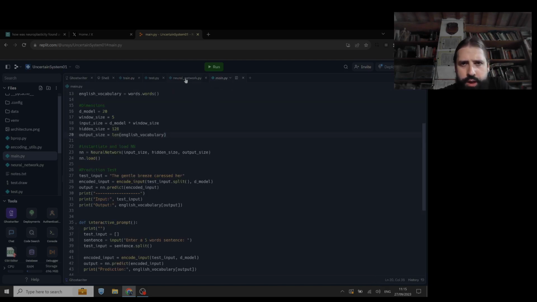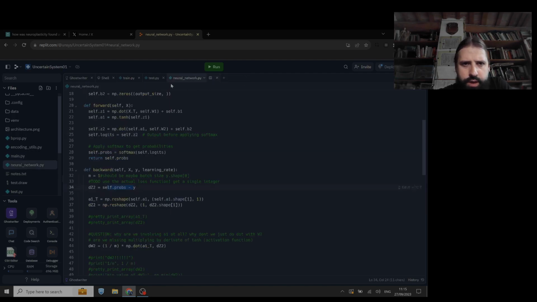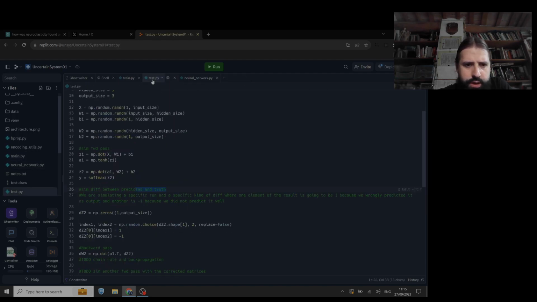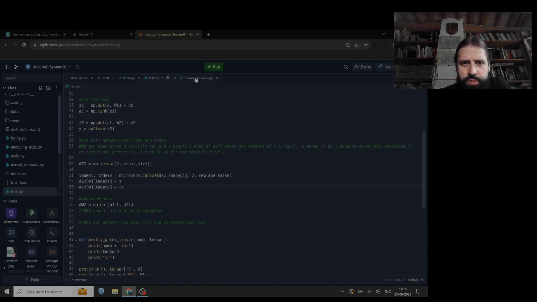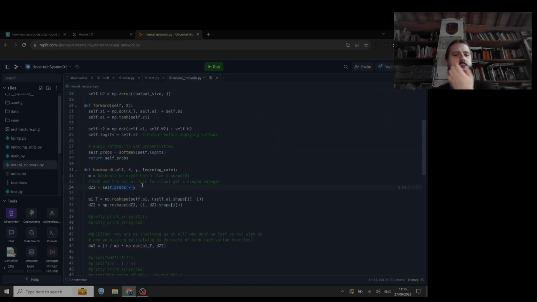But I have the feeling that one of the things I should be looking at is, in the original implementation that Ghostwriter suggested, it was actually not looking at the array.